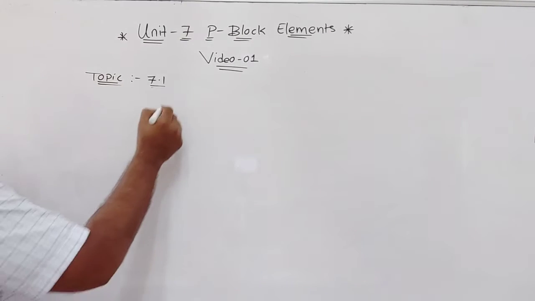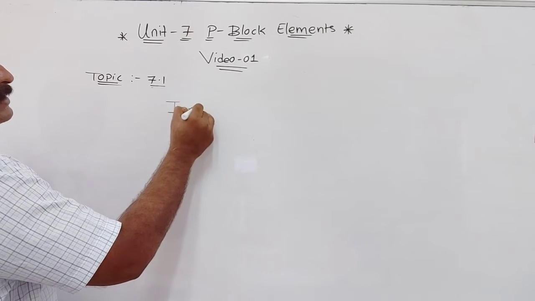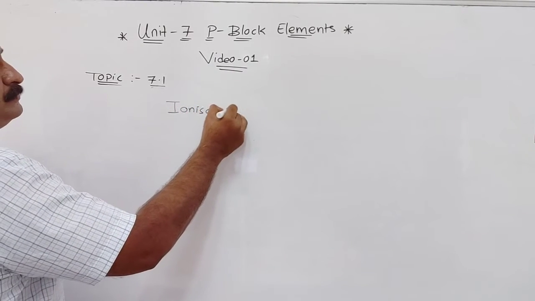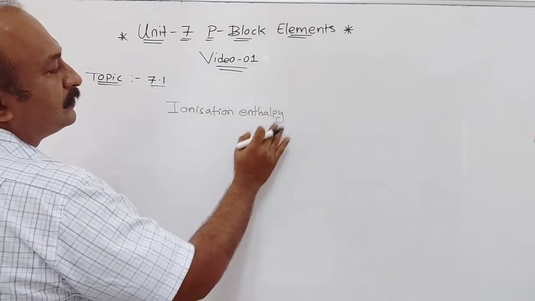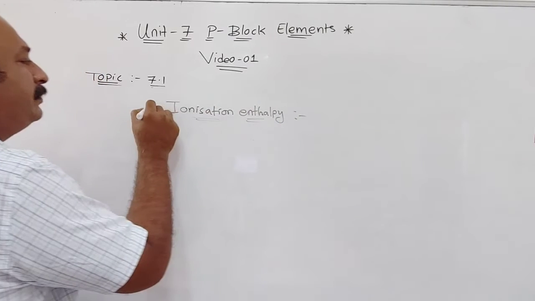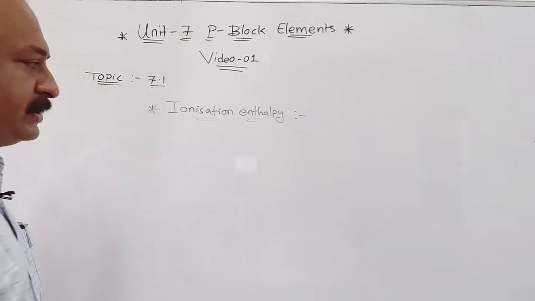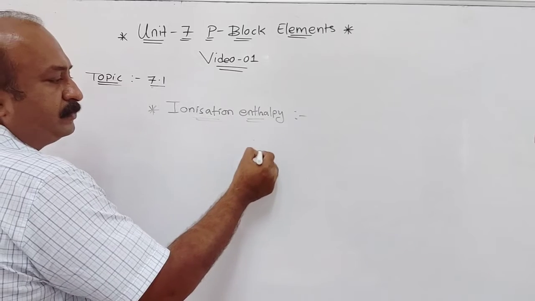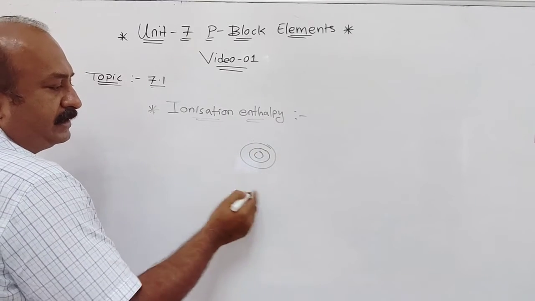Now when we talk about ionization enthalpy, that is the energy required to remove an electron from its outermost shell, right? When we see nitrogen, we know 2 shells are there.